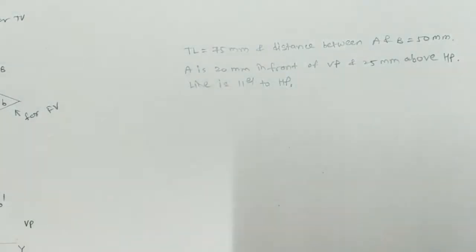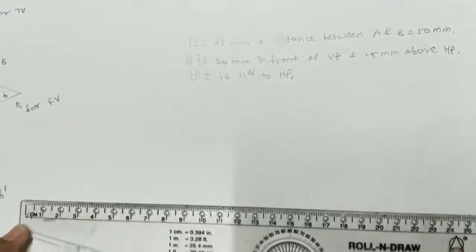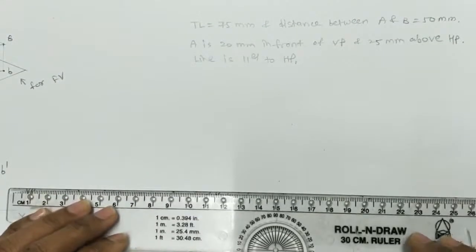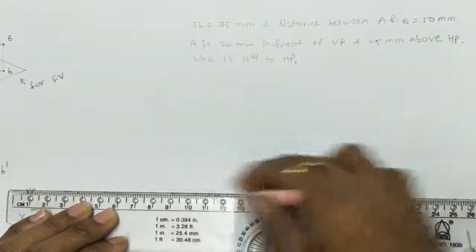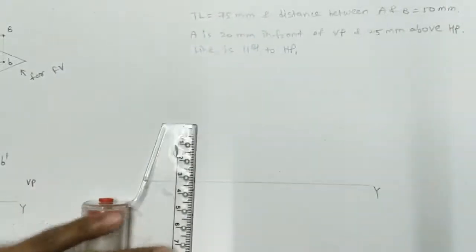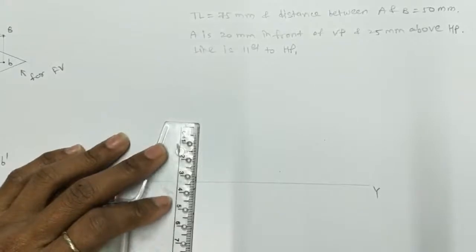So first draw the XY line. So X and Y. Now, 20 mm in front of VP and 25 mm above HP.